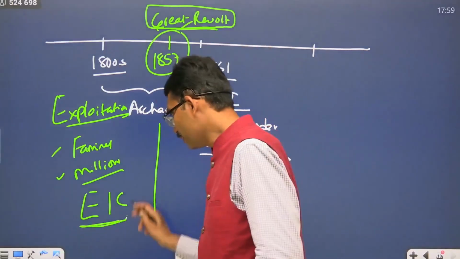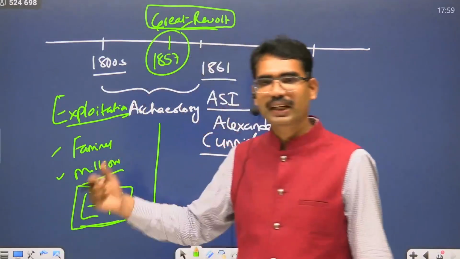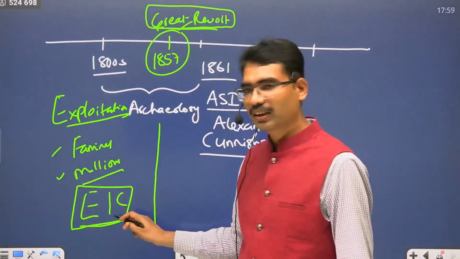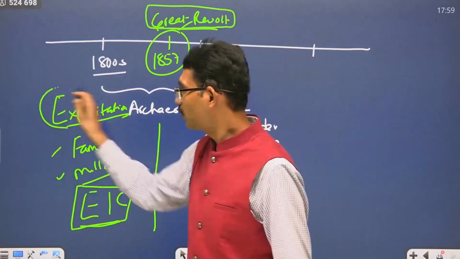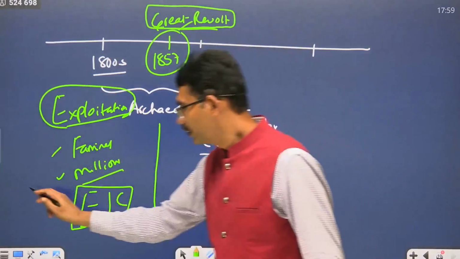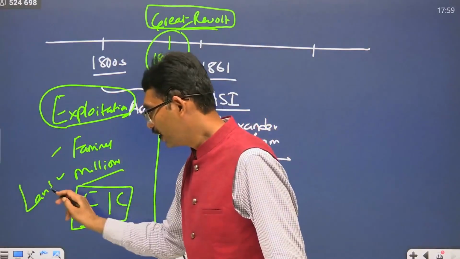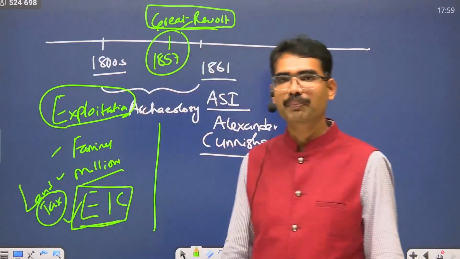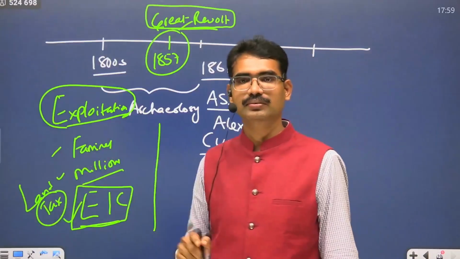East India Company is one of the earliest companies which ruled the country, not the king. That's where exploitation also more, because their only concern, they collect the land revenue, they collect the tax to satisfy the shareholders of East India Company, not to satisfy the people of India.